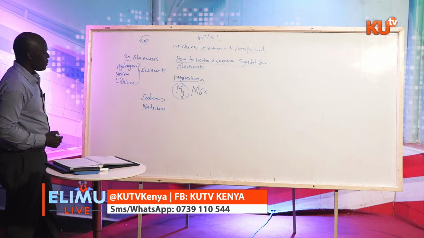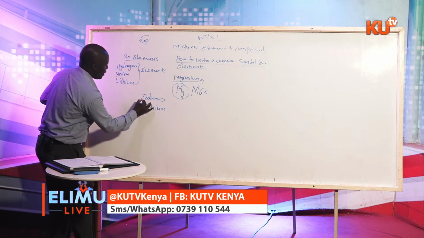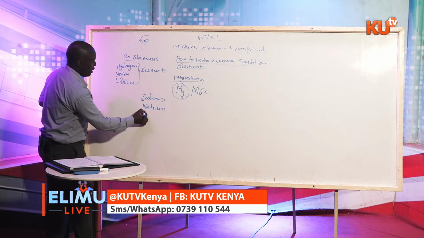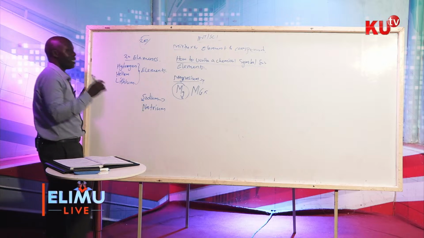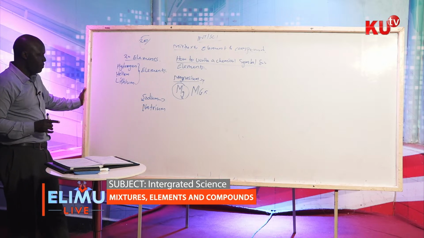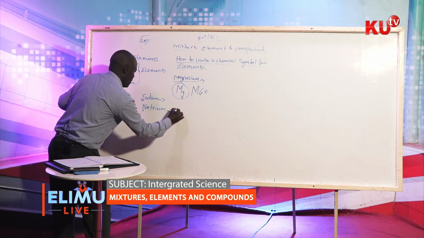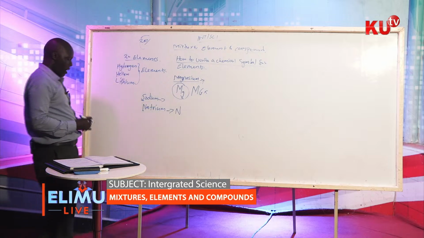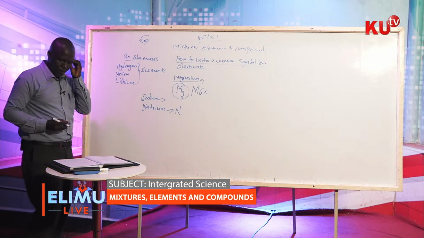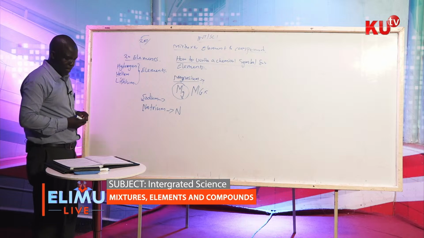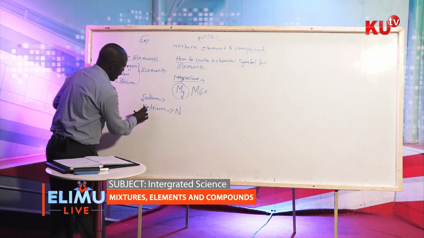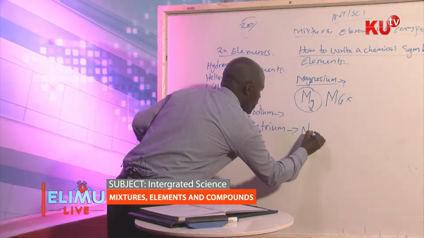So for sodium, we take the first letter of its Latin name, which is N here. And therefore, when we want to write sodium, we write N the uppercase, then we have the lowercase, which is A.